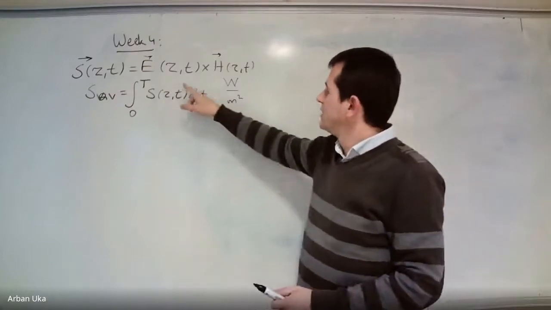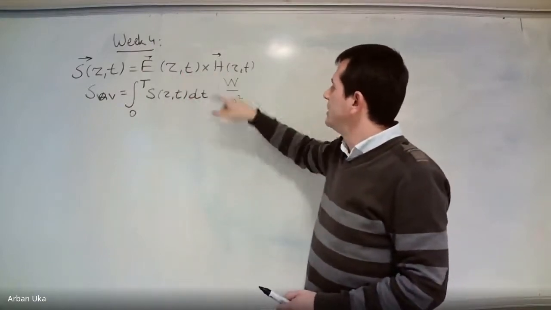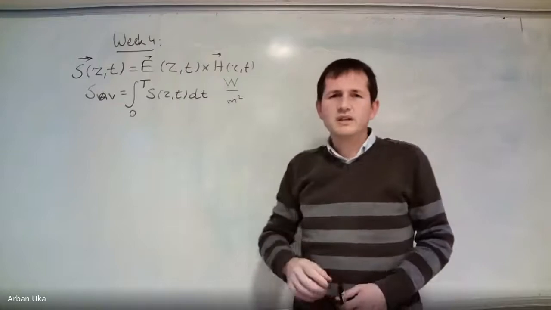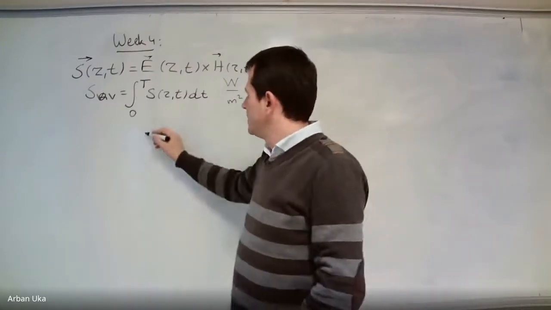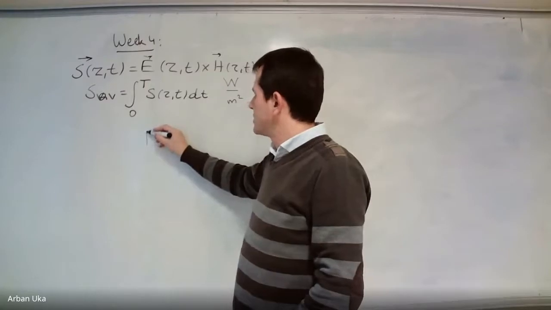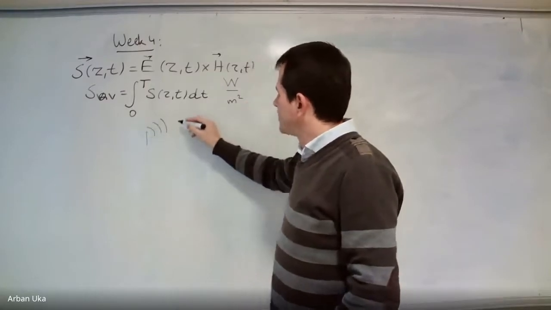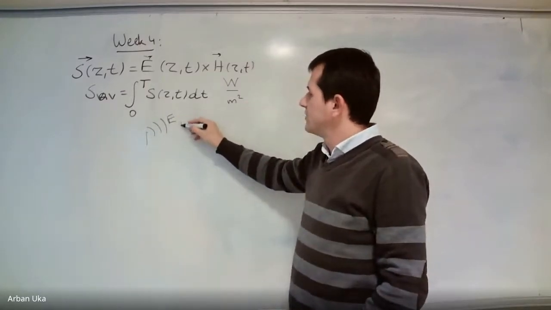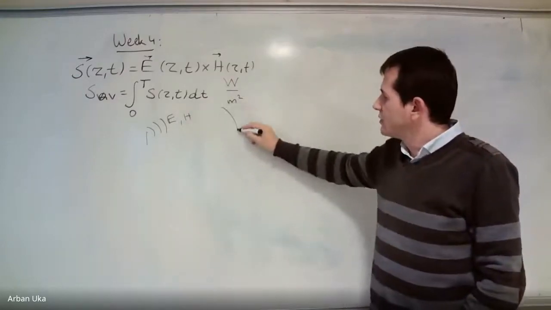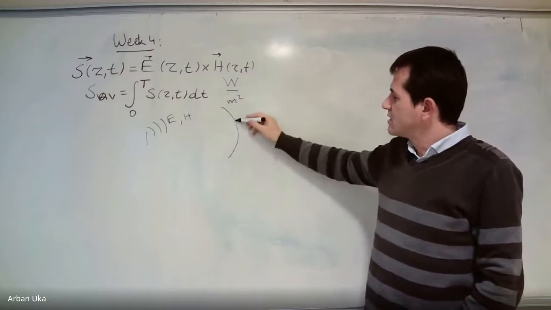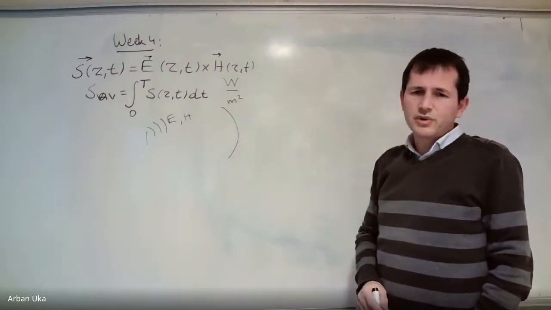It is going to be the cross product of E and H, and then we have to integrate over the outer surface area. Let's think for a moment that here we have an antenna which is emitting some signal. It has an associated electric field and magnetic field intensity. Then you go to a very far away distance and calculate the average pointing vector.